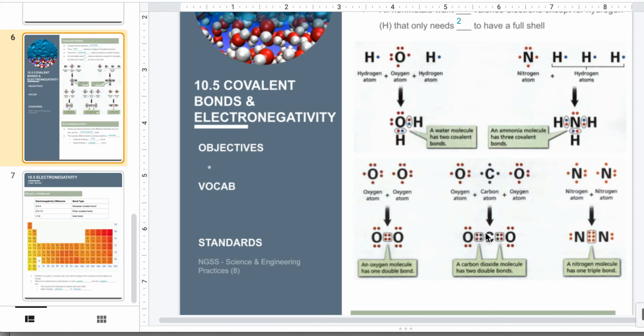So here, if we drew our lines that connected the dots between the two, we would have those equal signs again. So we'd have our O, the two lines that represent the two pairs of electrons, carbon, again the two lines, and then oxygen. So CO2 has two double bonds, because each of these is a double bond.